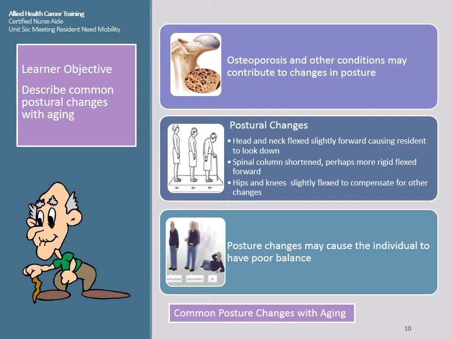Falls are particularly common among the elderly. Older people are often more seriously injured by falls, as their bones are more fragile. Be especially alert to the risk of falls. Here are some factors that raise the risk for falls.